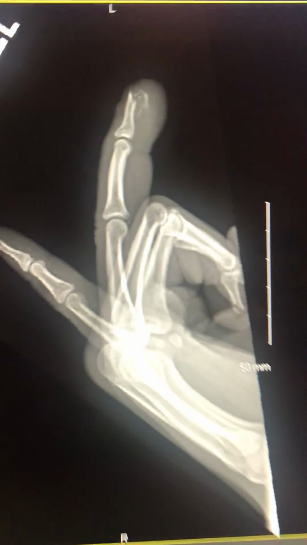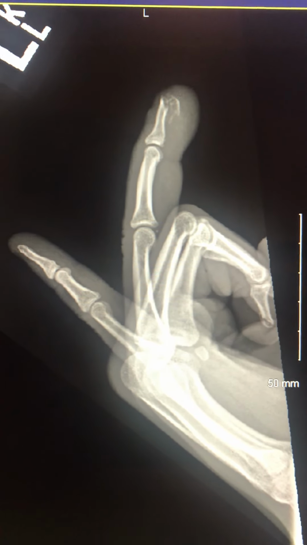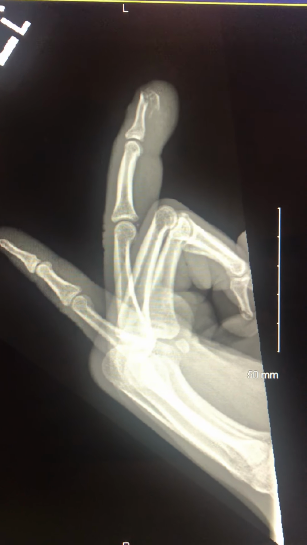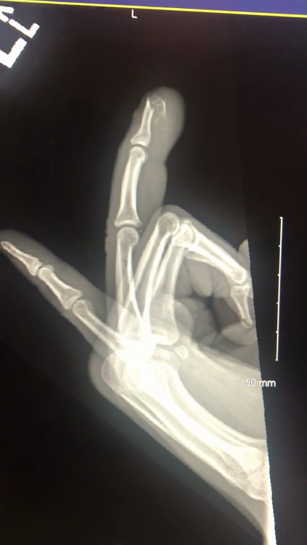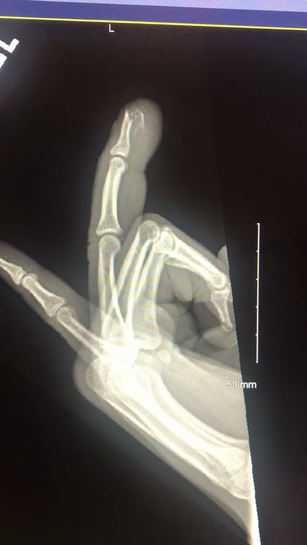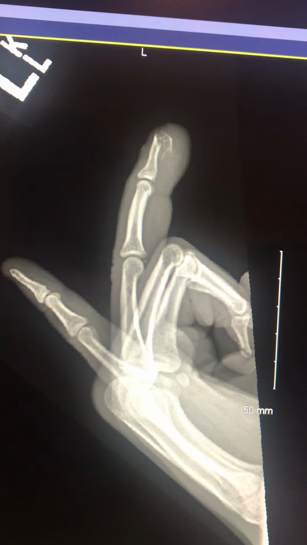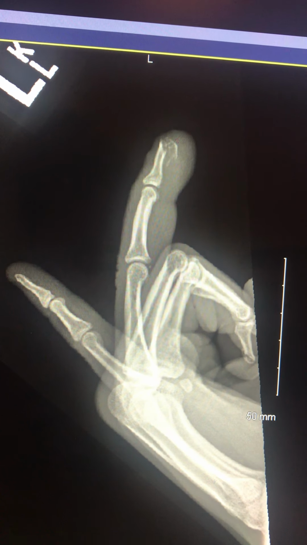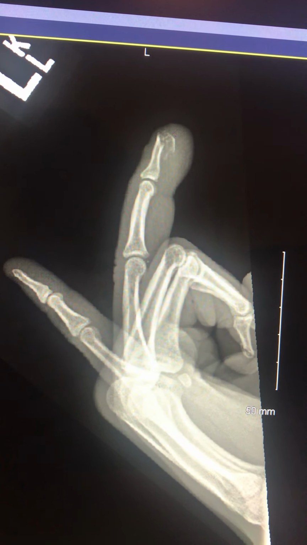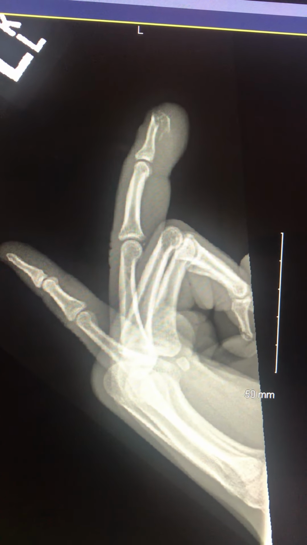Back to the lateral. So the DIP and PIP are clearly seen. The MCP is slightly obscured by the surrounding digits because the patient was unable to move his fingers all the way.